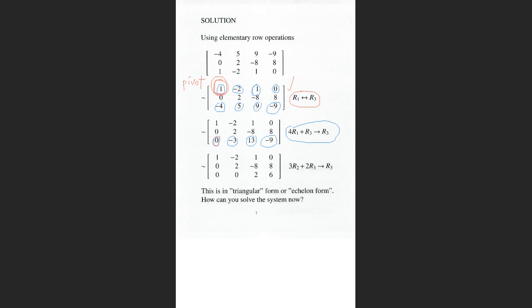Let's continue on. Now the first column is as clean as it can be. We're done with the first column. But now in the second column, I have this negative 3 here. What number do I want there? Good, a 0.